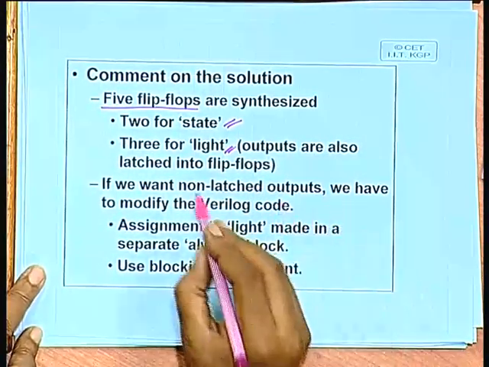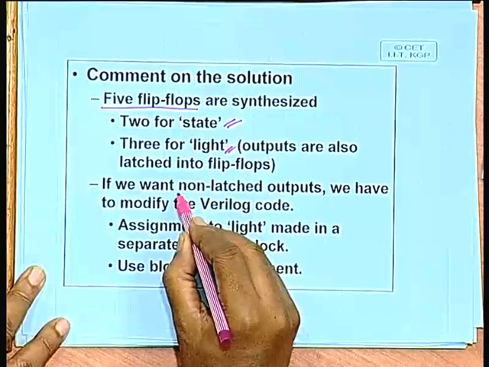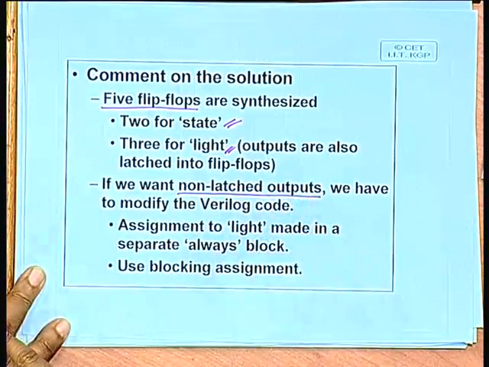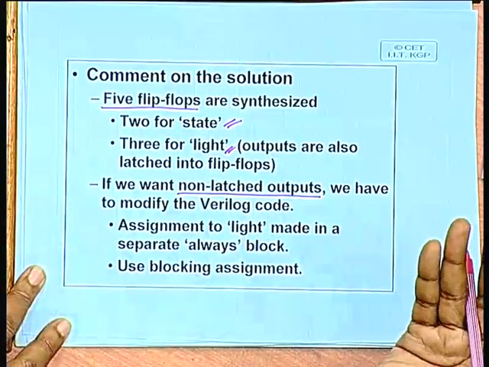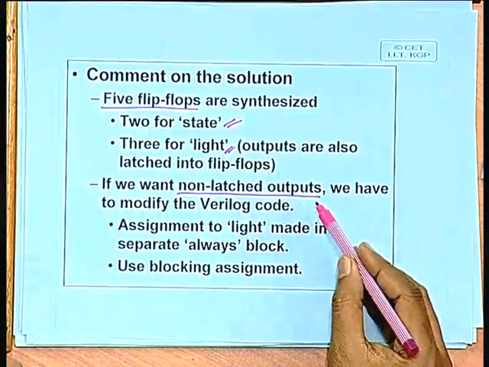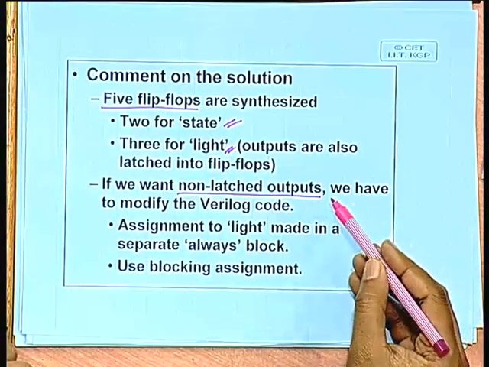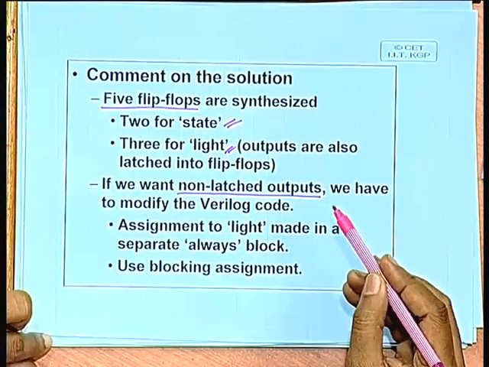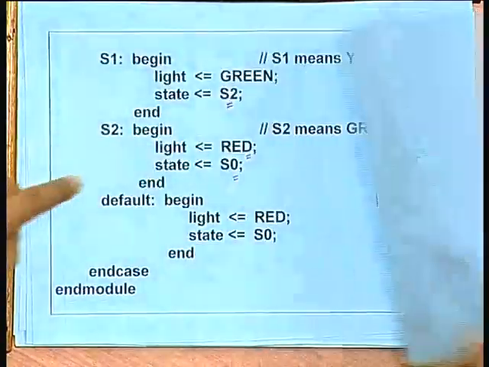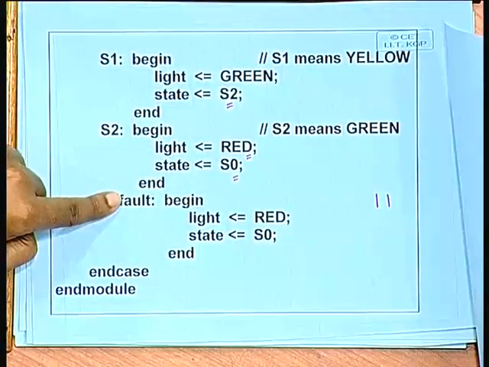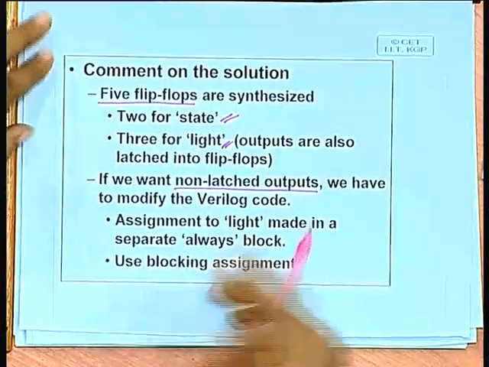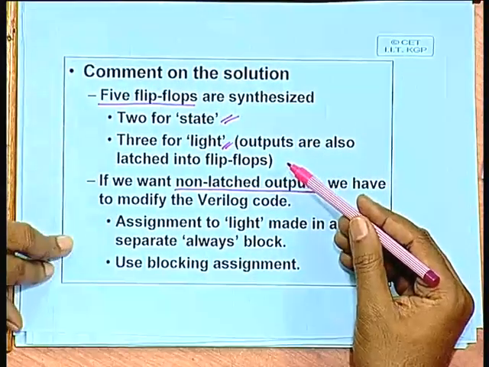Actually what we want is non-latched outputs. The states have to be latched anyway, the states will have to be stored in flip flops, but the outputs which are getting generated, we do not want any latches there. So, if in modeling a Moore machine we do it in the way we have just shown, then the outputs will be latched by default.